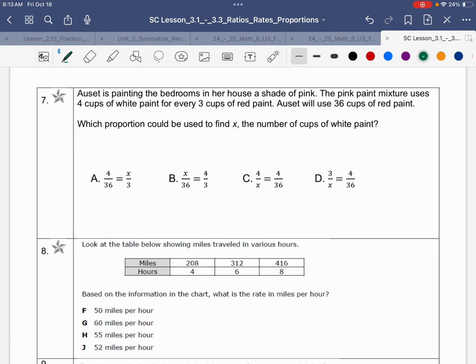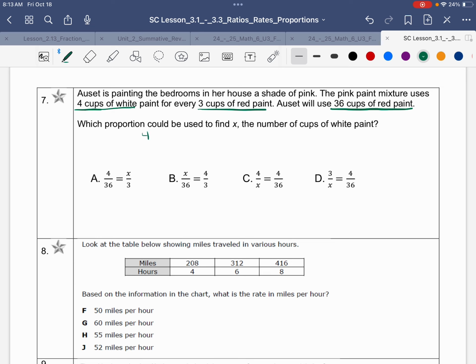Offset is painting the bedrooms in her house a shade of pink. The pink paint mixture uses 4 cups of white, 3 cups of red. Offset wants to use 36 cups of red. Which proportion could she find? So you're not even solving it, you're just setting it up.